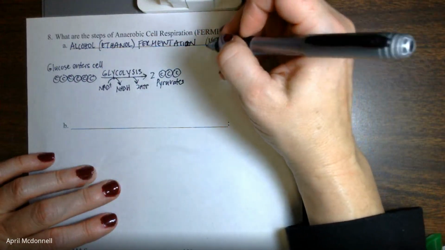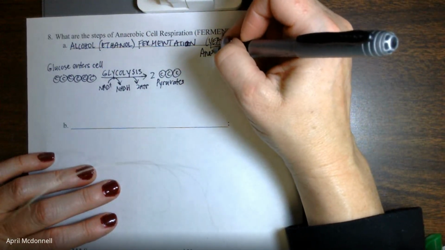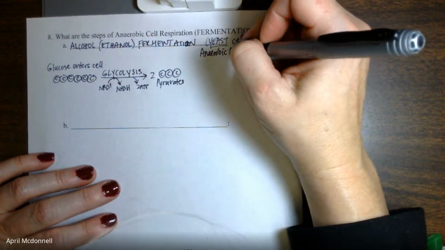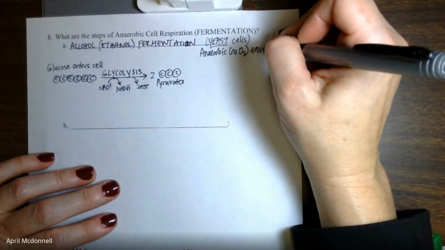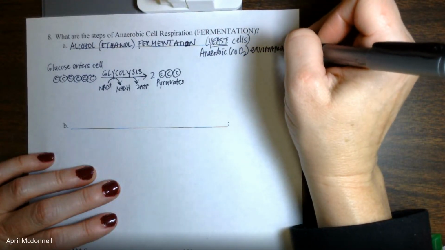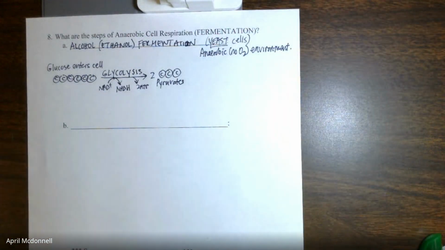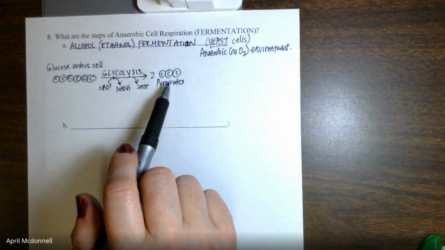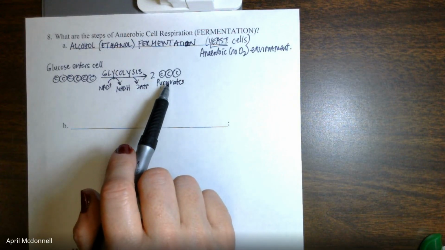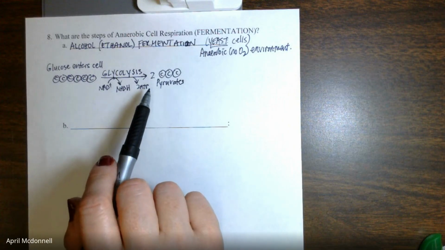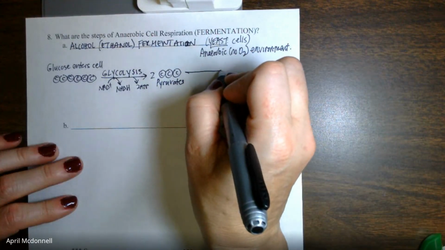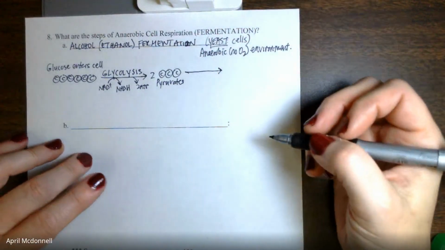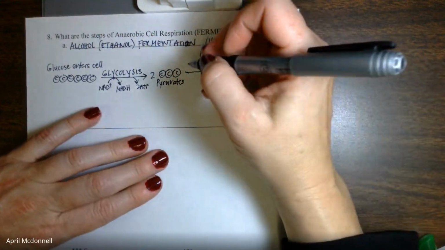If the yeast cell is in an anaerobic environment, that means no oxygen, the yeast cell will not proceed to break down the pyruvates by the steps of aerobic cell respiration. Pyruvate instead will be converted to ethanol during a process called alcohol fermentation.